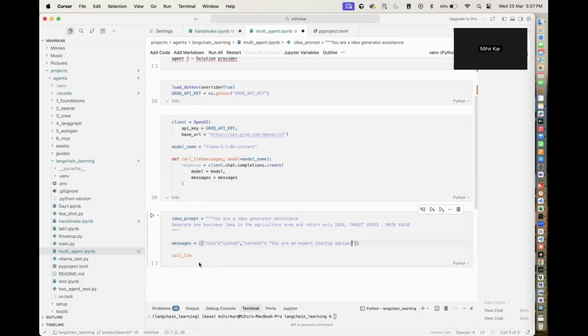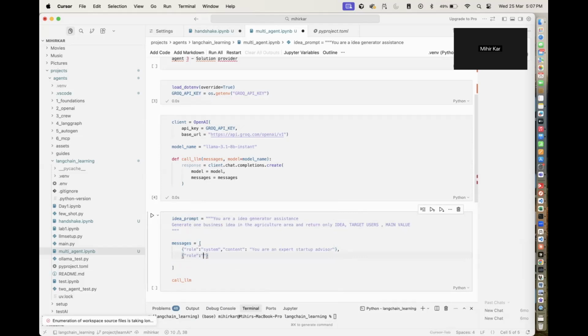Here I am giving a role as a system. You are an expert startup advisor. Then I'll give another role to user. Here I'll give the idea prompt.